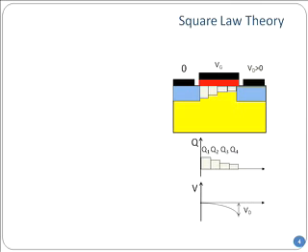So you have a lot of charge there in the beginning of the channel. As you go down the channel, from source to drain, the amount of charge gradually decreases because you do not have as much inversion, because of the effect of the drain bias.